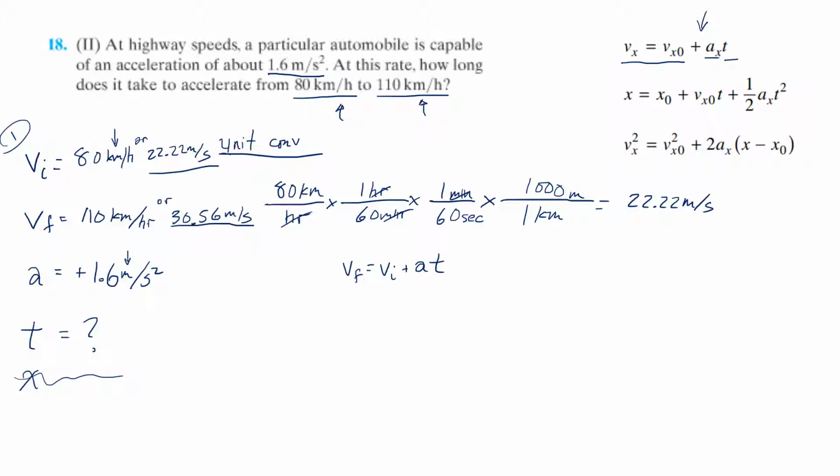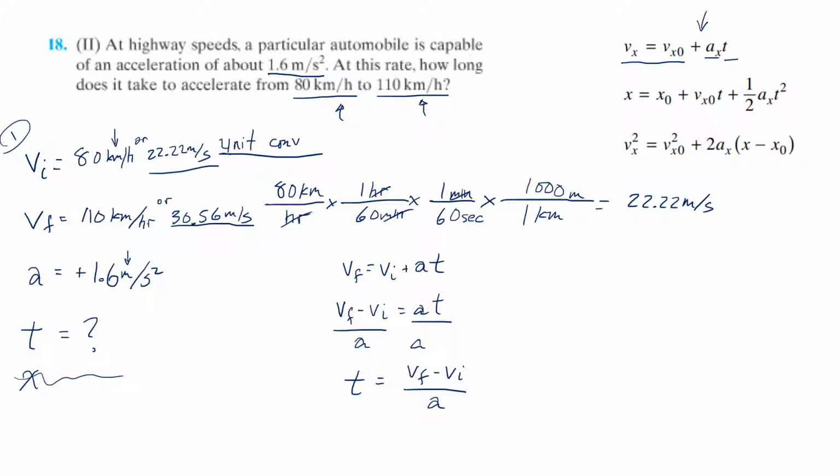And we want to solve for time, so let's rearrange this equation a little. That means vf minus v initial is equal to a times t, and then divide both sides by a. That means t is equal to vf minus v initial divided by a.